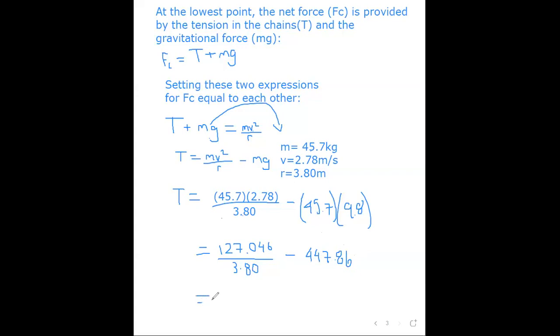Okay, and then 27 point divided by 3.80. Wait, oh, I forgot. This was squared. That changes it because my numerator.